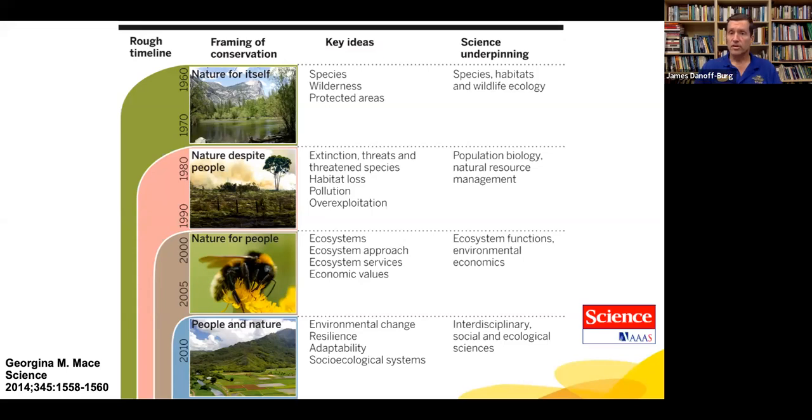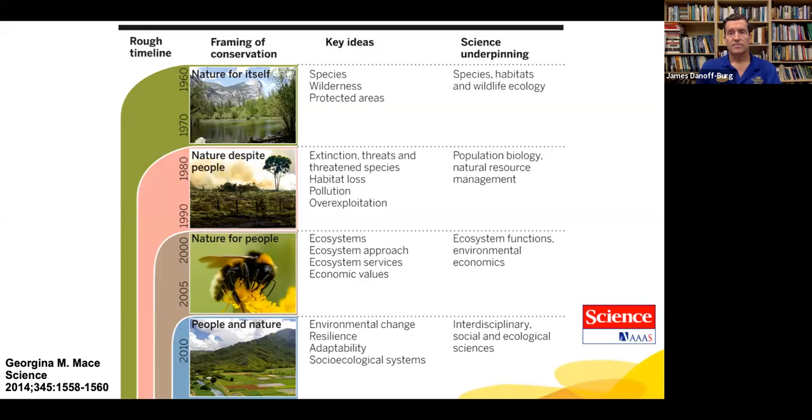Through ecosystem functions, water retention, soil creation, production of timber, production of wildlife, production of game, whatever, what have you. And this is the third phase of conservation. We're starting to get more into the human realms here, right? With environmental economics. That's a human-focused field.